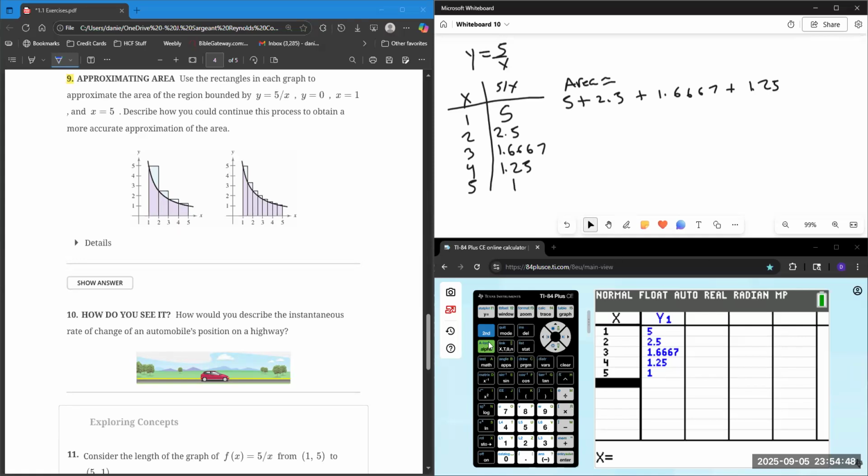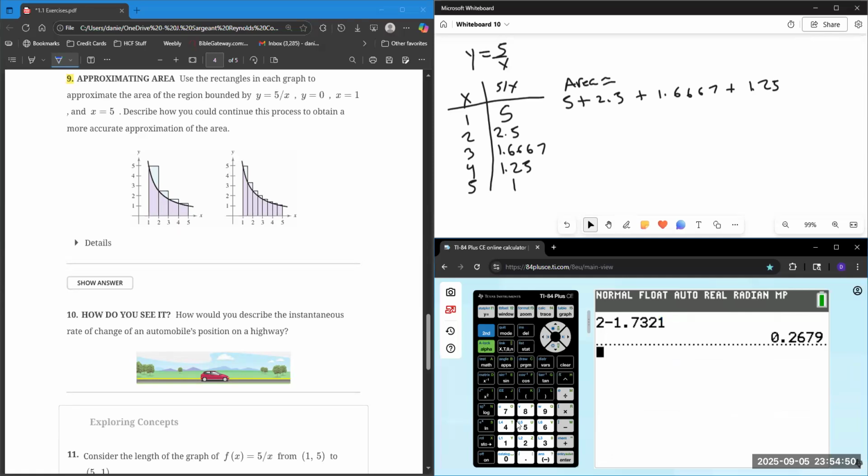Let's add those together on our home screen to get an approximate area. 5 plus 2.5 plus 1.6667 plus 1.25 is going to give us an area of approximately 10.4167.